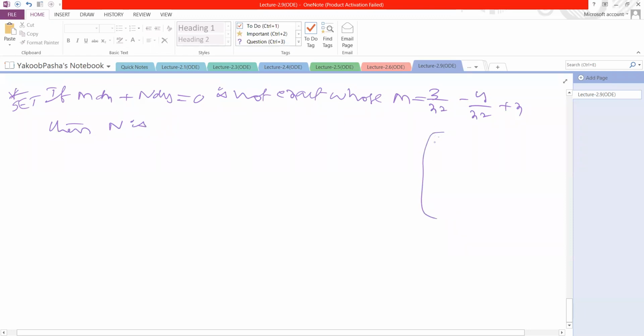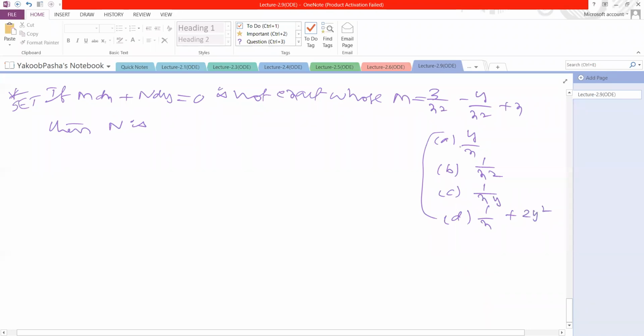Option A y by x, option B 1 by x square, option C 1 by xy, option D 1 by x plus 2y square.